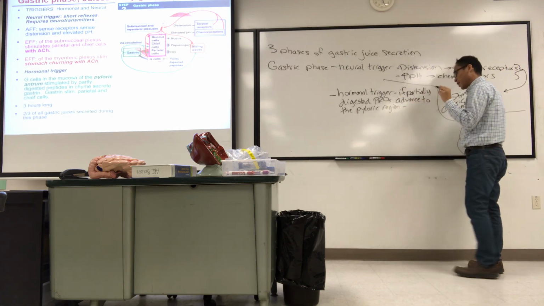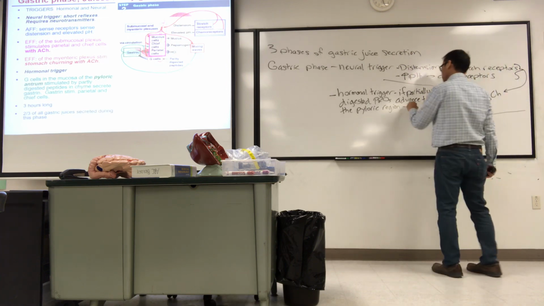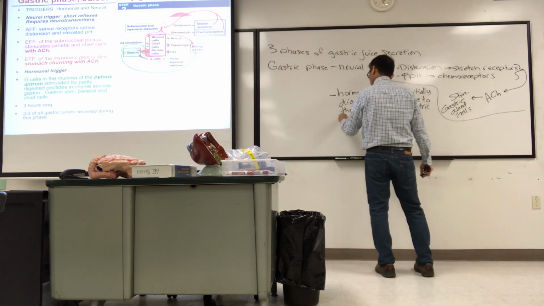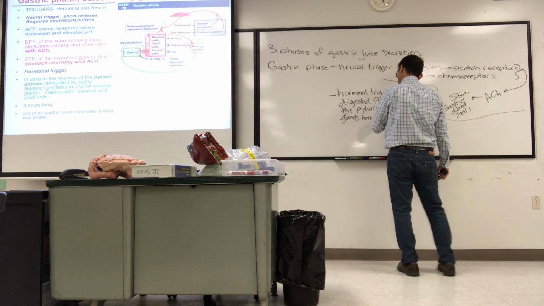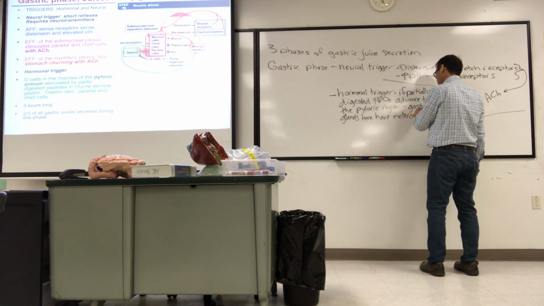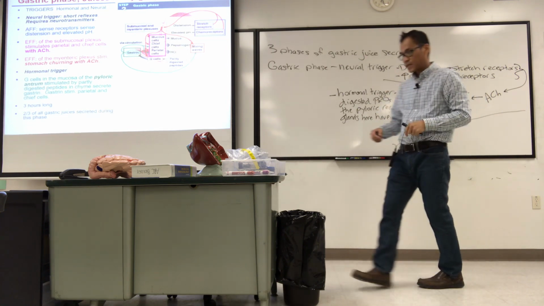in this region only, gastric glands have enteroendocrine cells.